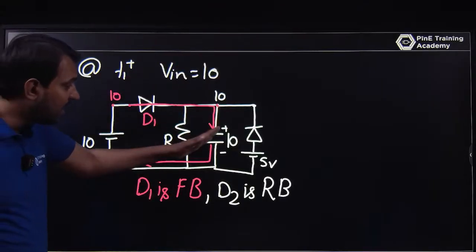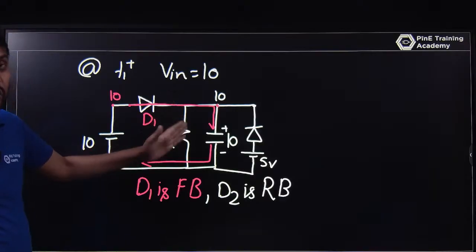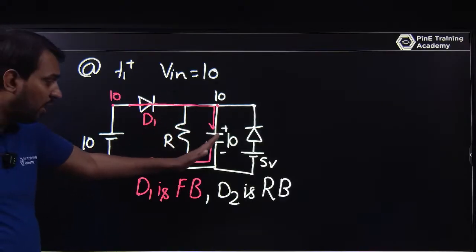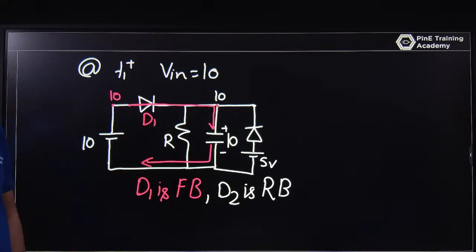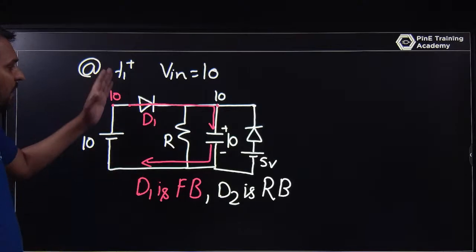And if the capacitor voltage is 10 volt, the voltage across R is also 10 volt. Why? Because in parallel the voltage is the same. So at T1 plus, V out becomes 10 volt.